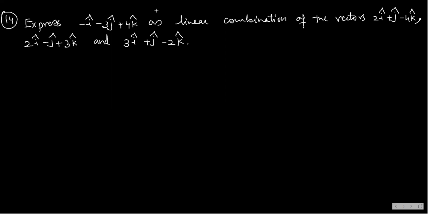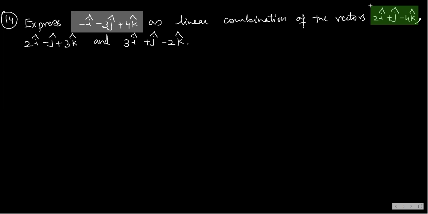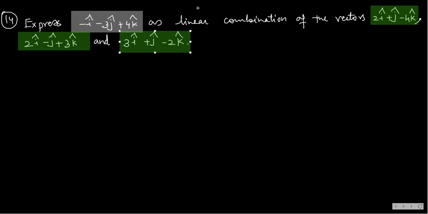So question number 14 is: express vector minus i cap minus 3j cap plus 4k cap as a linear combination of the vectors 2i cap plus j cap minus 4k cap, 2i cap minus j cap plus 3k cap and 3i cap plus j cap minus 2k cap.